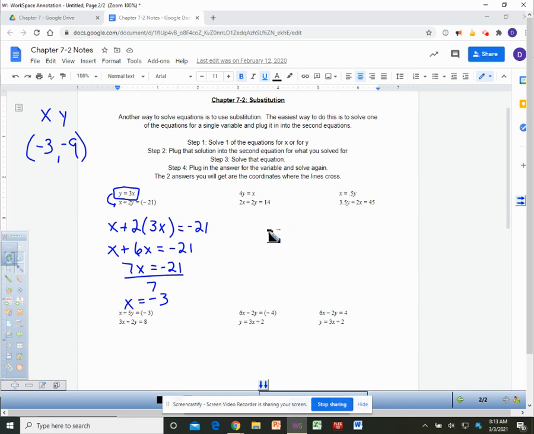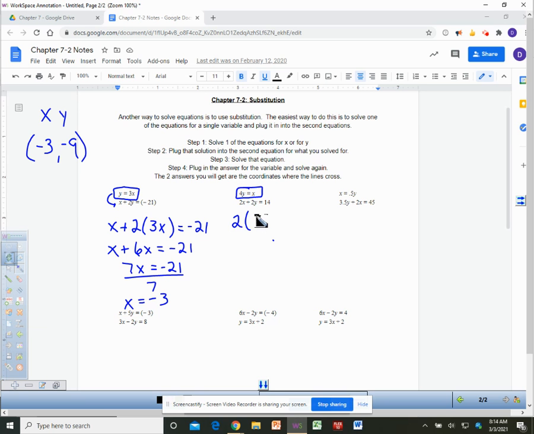Okay? So the next one, step 1, I've got to get one of the equations, doesn't matter which equation, to say x equals something or y equals something. And if you look at the top equation, I have that. It says x is the same as 4y. So basically, I'm going to take this equation, and I'm going to plug it into the bottom equation. Every time I see an x, I'm going to change it to a 4y.